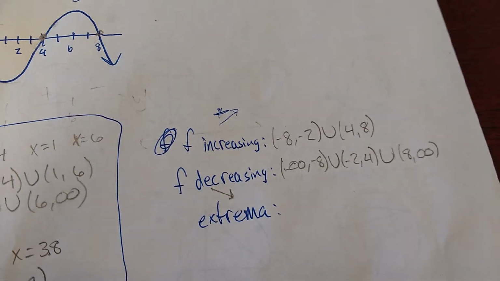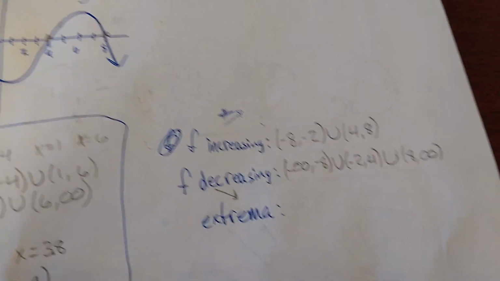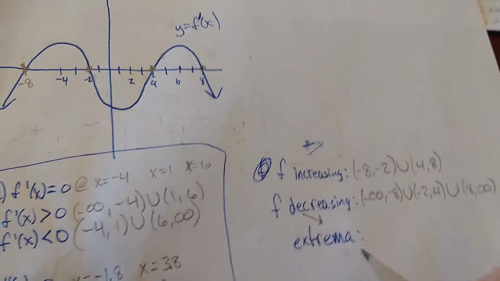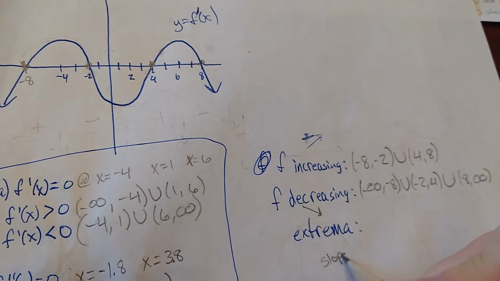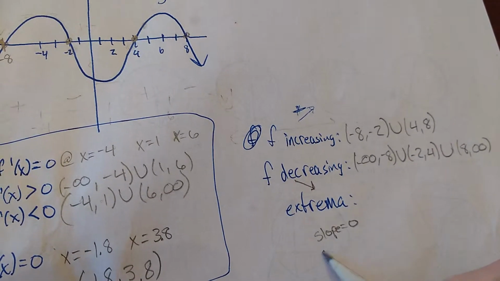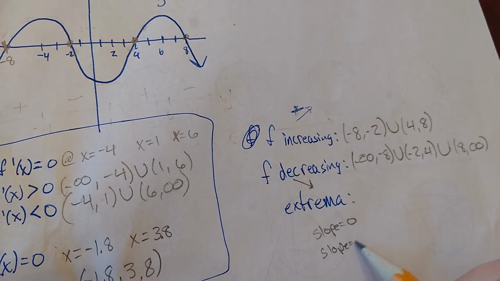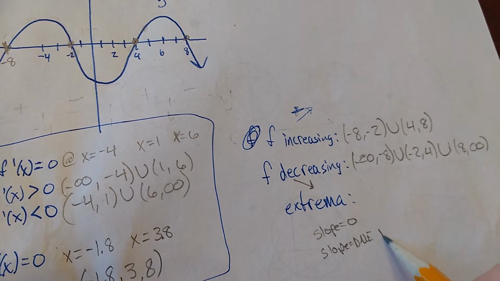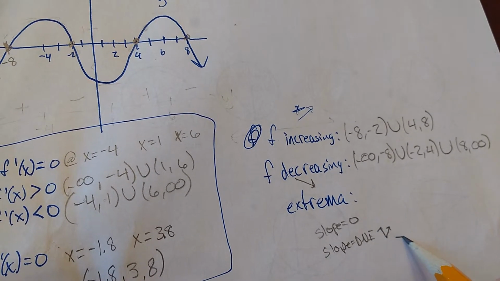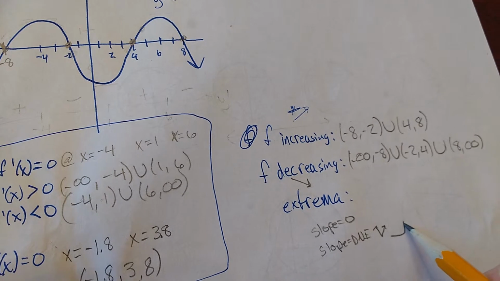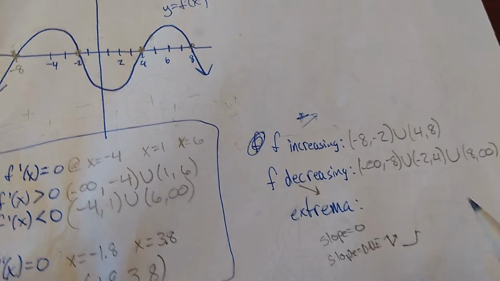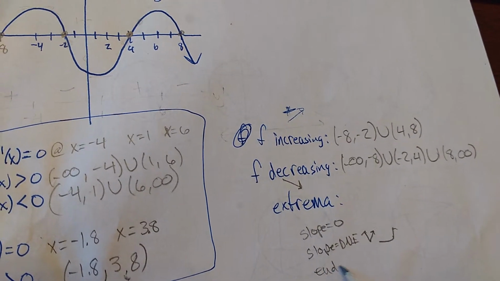And then extrema. Remember those happen where the slope is 0 or where the slope doesn't exist, because we could have corners or a place where the slope goes vertical. Or endpoints.